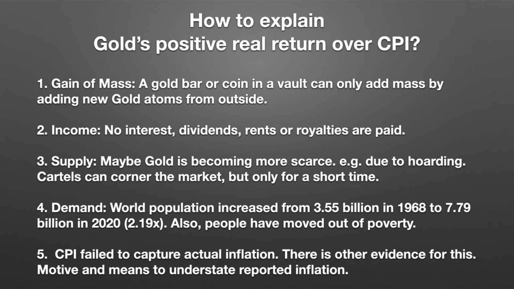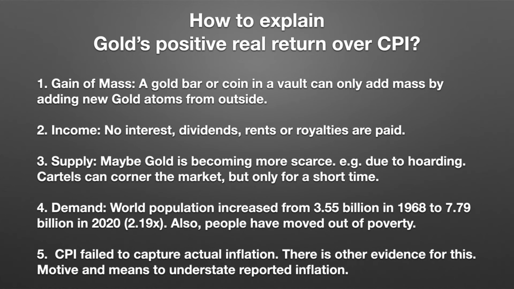The second way to have a positive real return would be to have income. For instance, suppose there was a bank that let you deposit 100 ounces of gold, and after 1 year they gave you back 100 ounces and 3 additional ounces. In other words, they paid you interest of 3%. Well, that would be a way for your gold to have a positive real return.